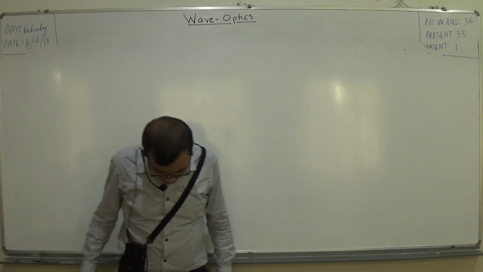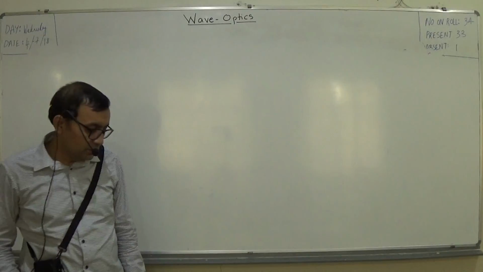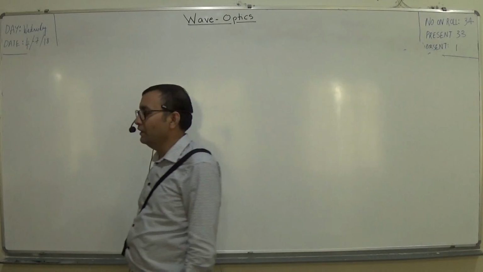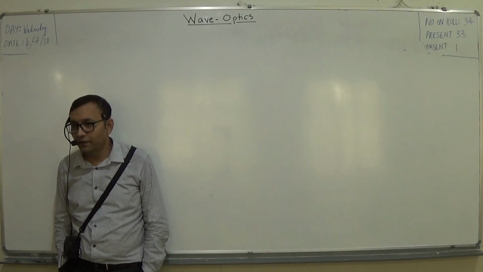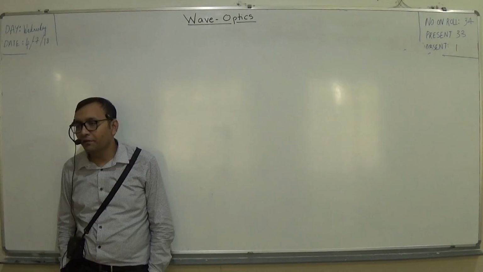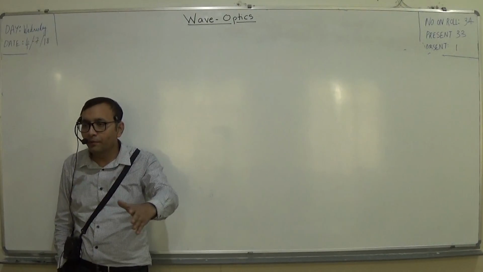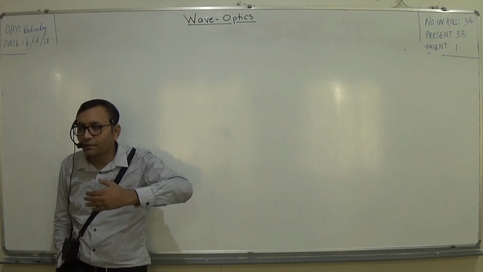So today we are going to discuss ray optics. Fine. So when we discuss ray optics, we always assume that light is a particle. And if it is a particle, it will travel in a straight line. Its path will be well defined. You will be able to track the path of the light, the way the particle travels.